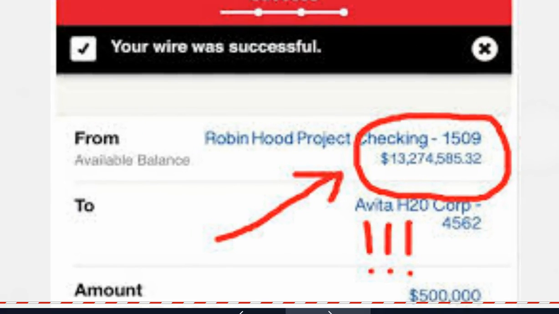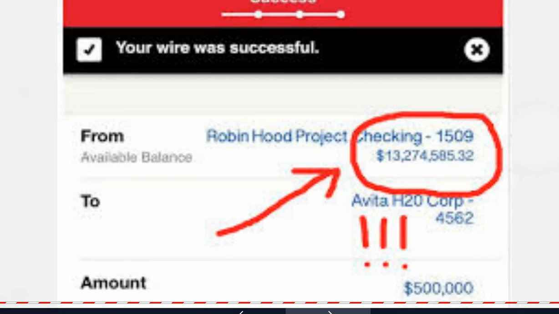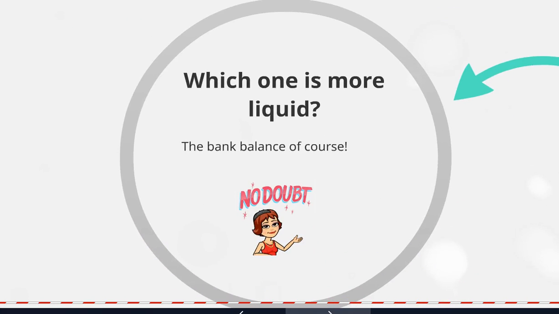What about my bank balance? Can I convert it into cash this very day, at this very instant? Of course, yes. So which of these two assets is more liquid, my bank balance or my house? My bank balance, of course.